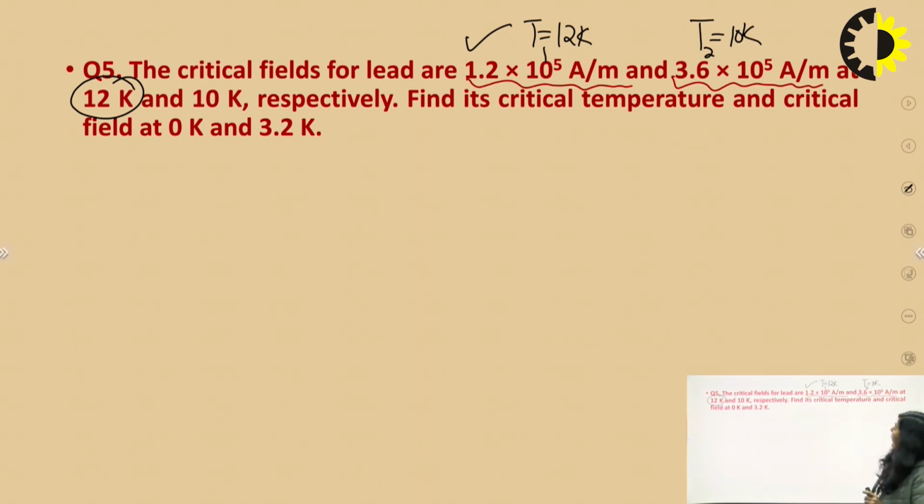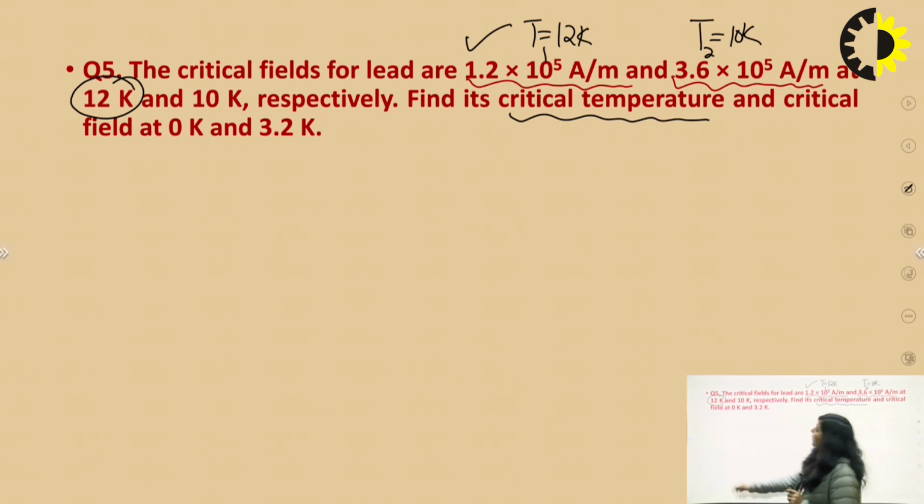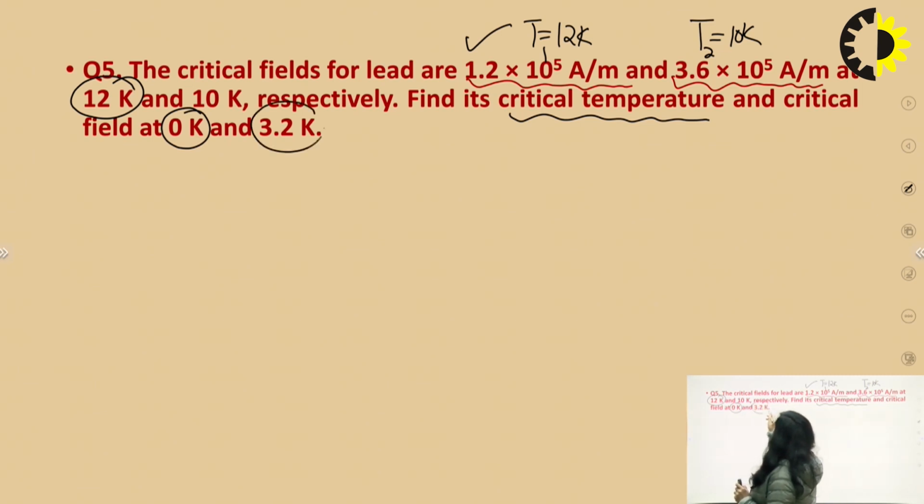We have to find the critical temperature or transition temperature, as well as the critical magnetic field at 0 Kelvin and the critical magnetic field at 3.2 Kelvin. So we have to find three different parameters in this question.